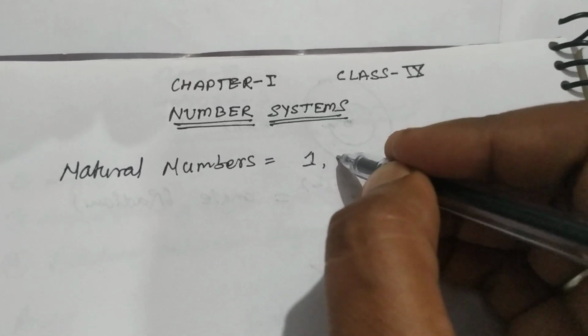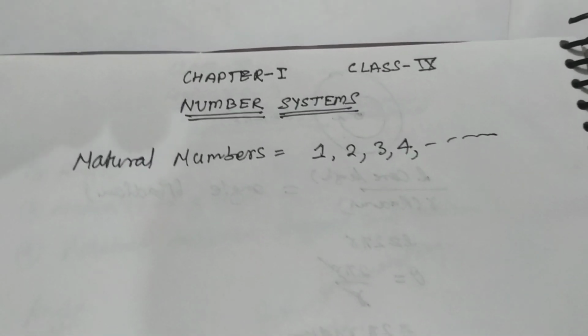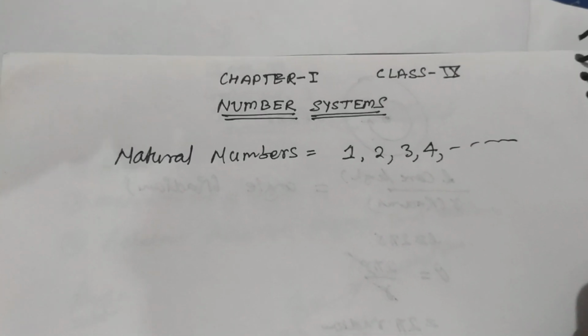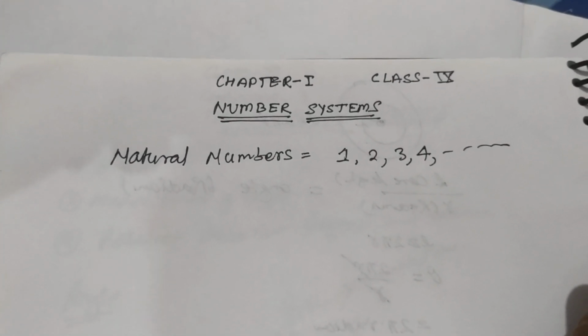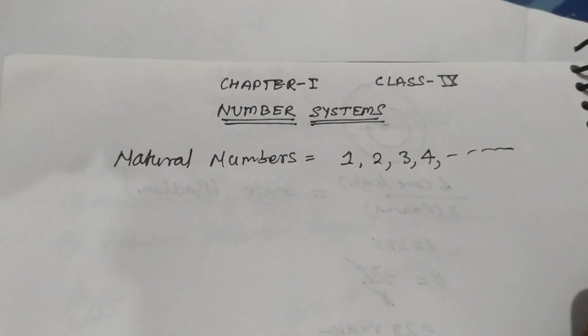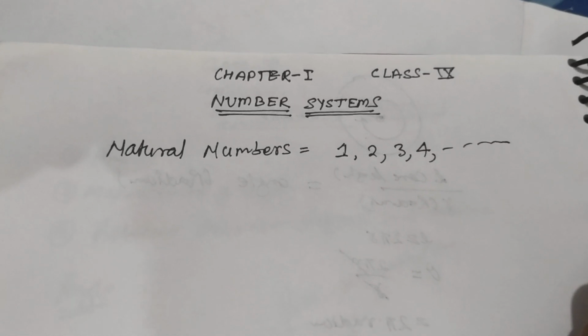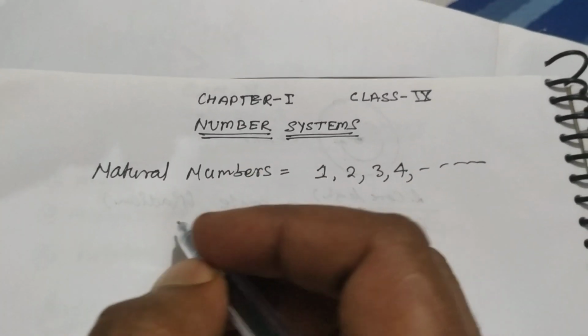This is 1, 2, 3 and 4, dot dot dot. Why are these called natural numbers? These are called natural numbers because we don't know the origin, or who first wrote these numbers. That's why they are called natural numbers.